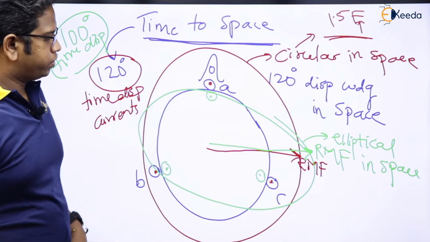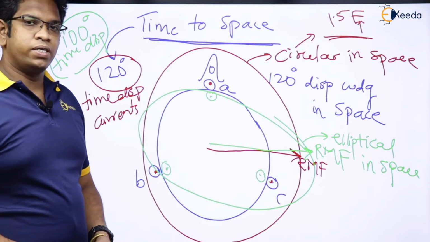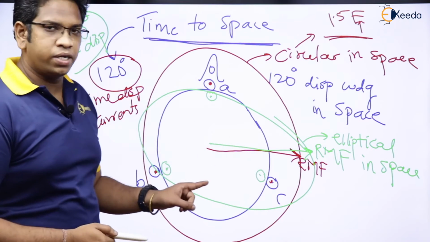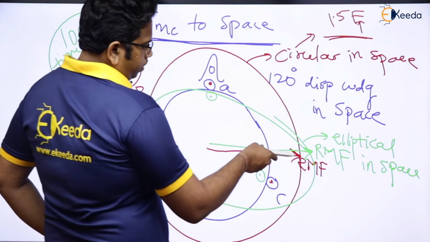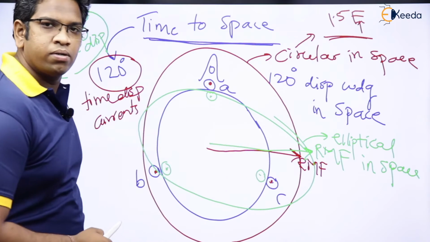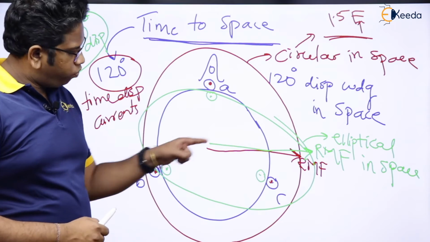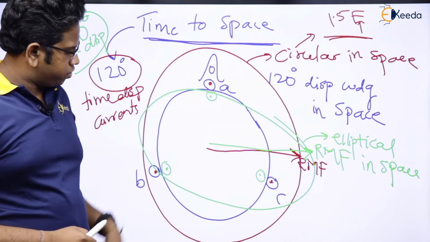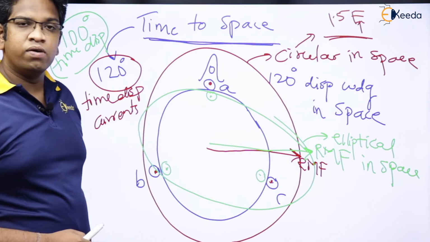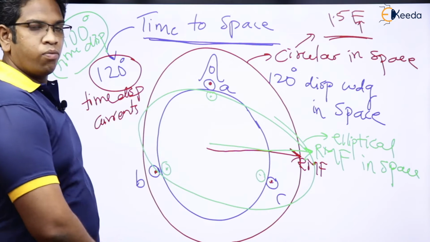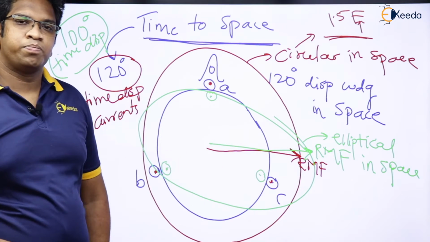Right. Now, what is happening with green? If you just observe what has happened with this green, the flux density here is more. Here, flux density is less. Here, flux density is more. Here, flux density is less. MMF is more here. MMF is less here. MMF is more here. MMF is less here.